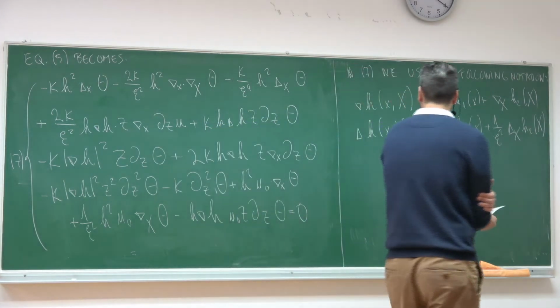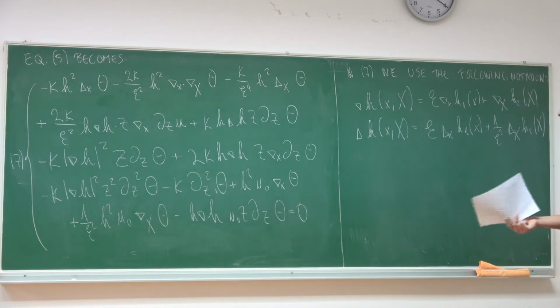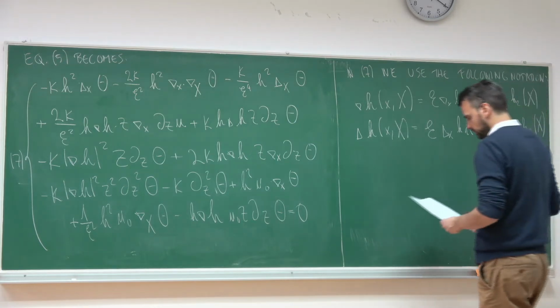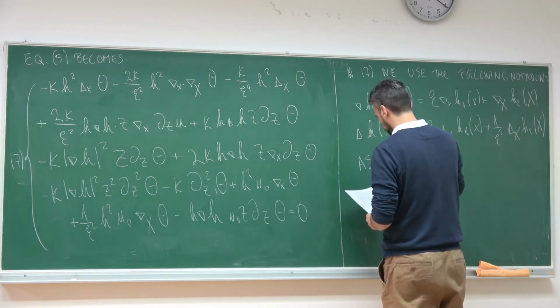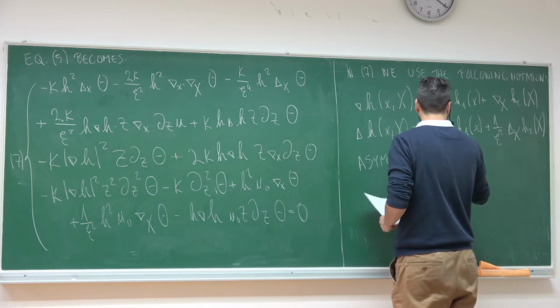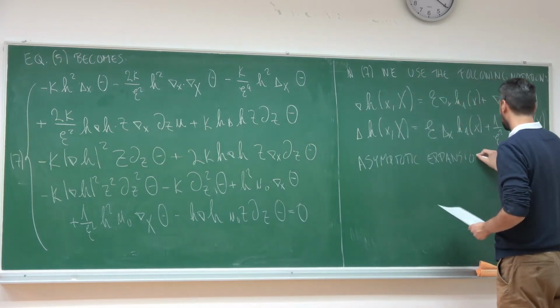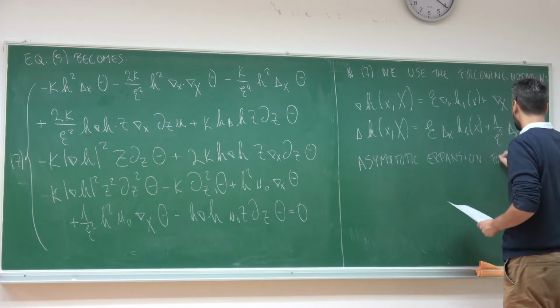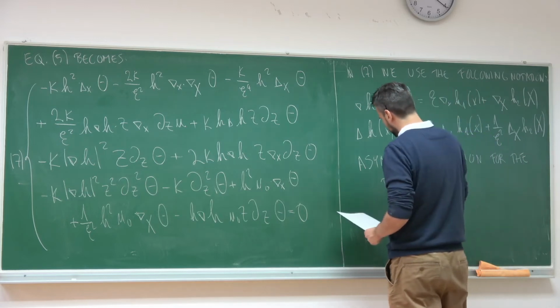But here, since we have this specific profile, basically at the zero order approximation for very specific alpha, you obtain the effect that you are searching for. So you have the asymptotic expansion for the temperature.